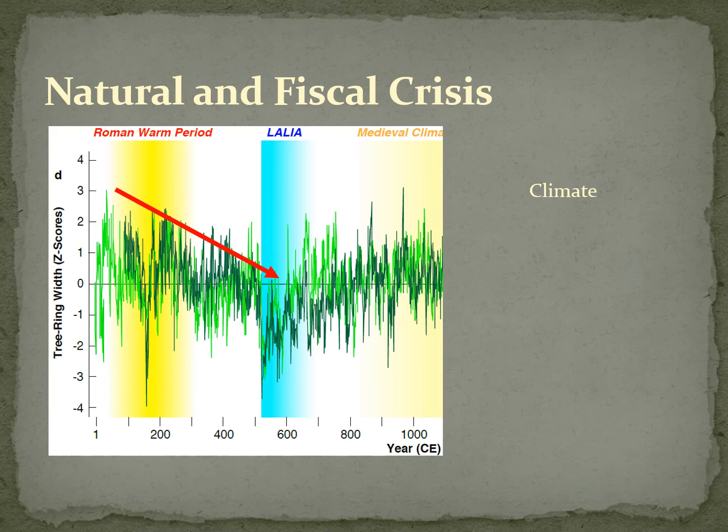But volcanic activity and several other natural factors caused the climate to decline. And as we hear on the news all the time, even a few degrees can have drastic impacts on people's lives, especially when you're an agricultural society like the Romans were.